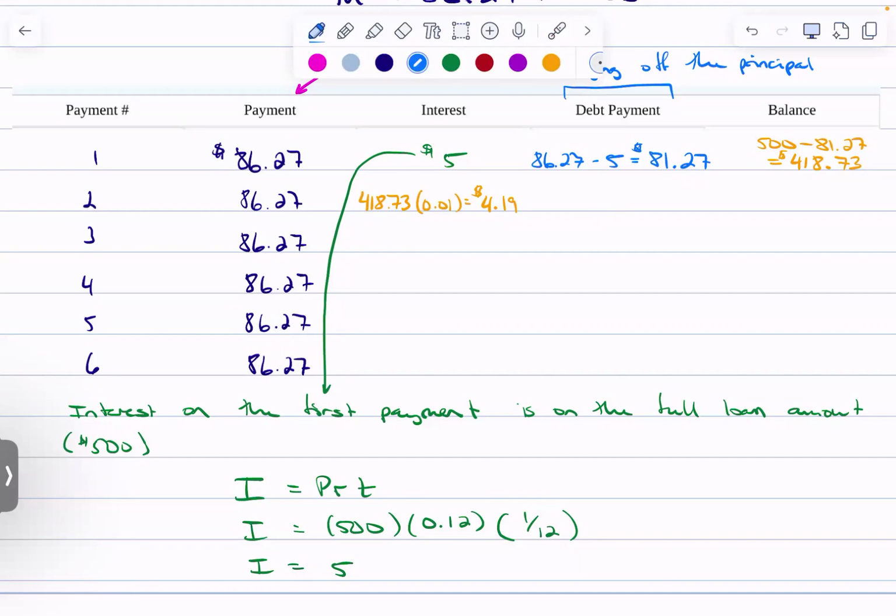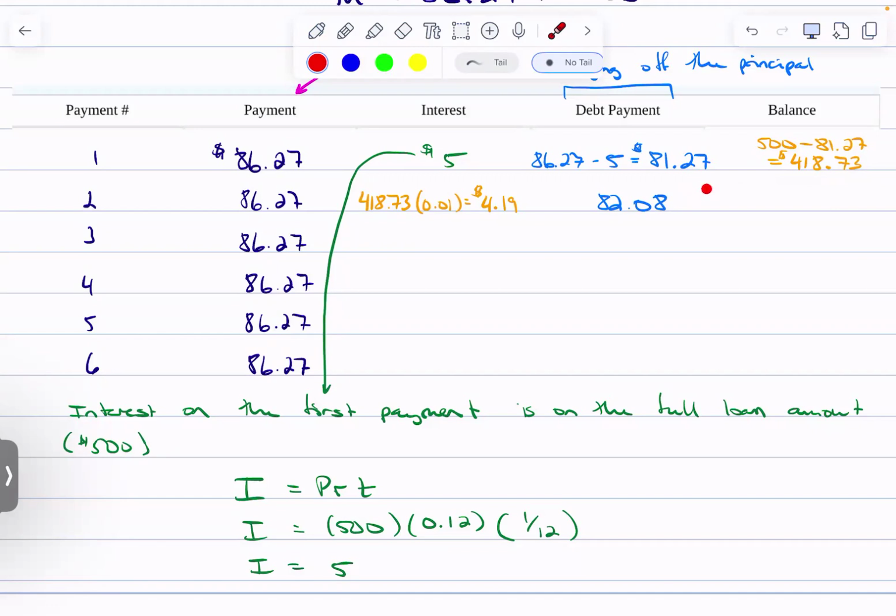So 86.27 minus 4.19, I get 82.08. And what am I chipping away at? Now I'm chipping away at 418.73 with this 82.08.